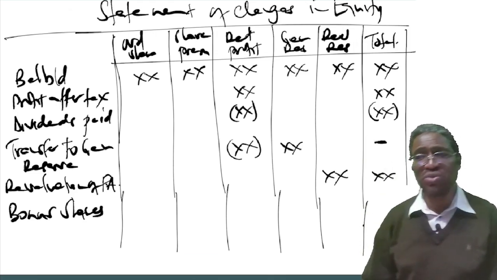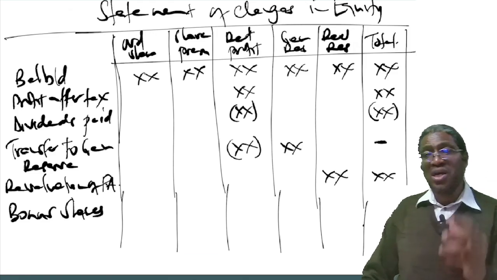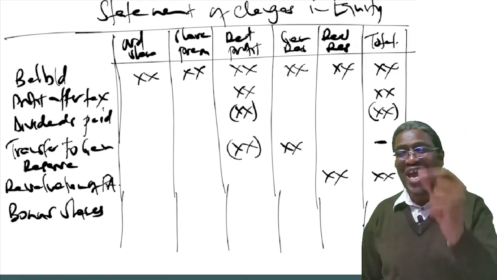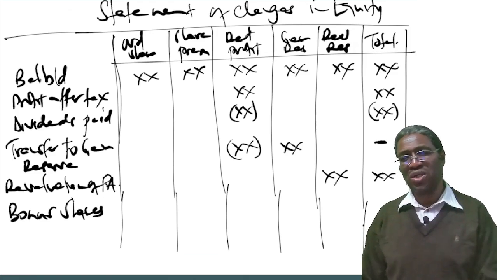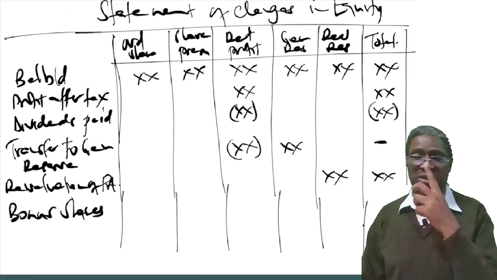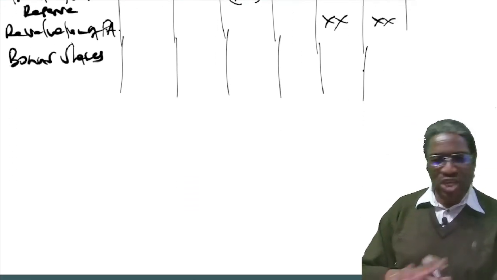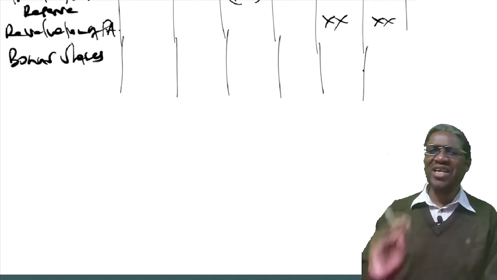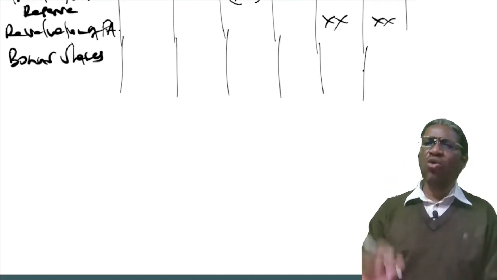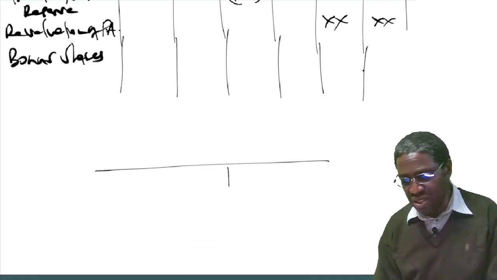Let me remind you, this is not a new term to you. You know bonus shares are shares given to existing shareholders free of charge. That's why they are called bonus. Now you know this. Listen. Whenever a company issues shares, whether they are issuing them for cash or for free, that company must go and credit share capital.